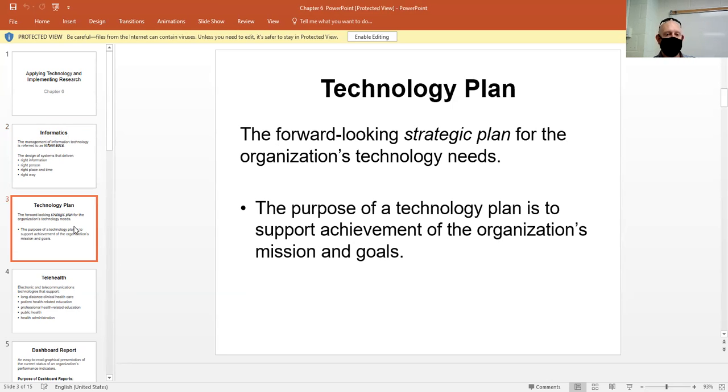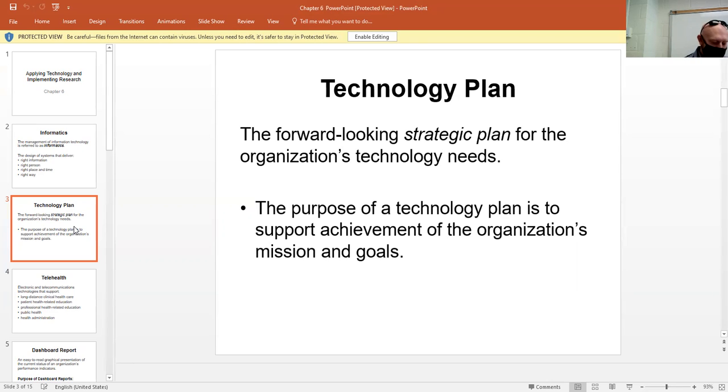So they come up with a technology plan, and it's forward looking, which is already stated by the word plan. When you're making a plan, you're thinking ahead. It's the forward-looking strategic plan for the organization's technology needs. What do we need to do in the future to improve our technology resources?